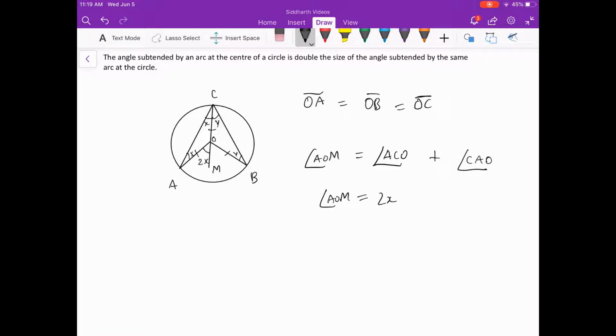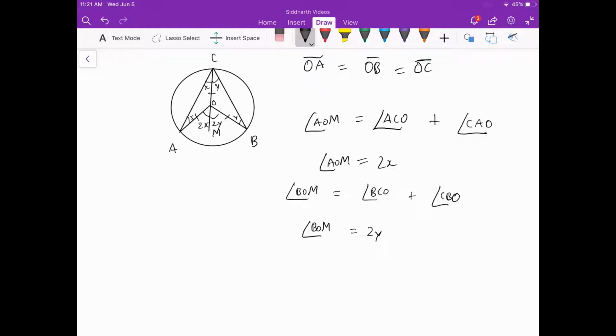Similarly, BOM is an exterior angle to triangle COB. So, angle BOM equals angle BCO plus angle CBO. Because both these angles are equal to y, we substitute, leaving us with angle BOM equal to 2y.